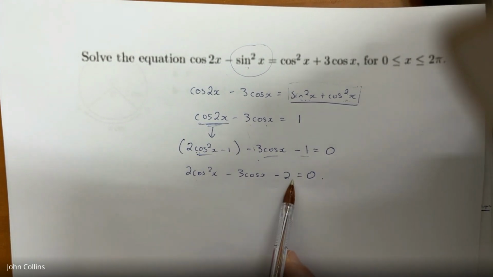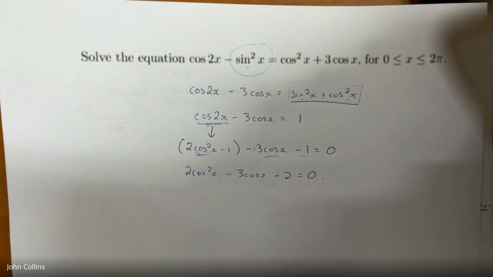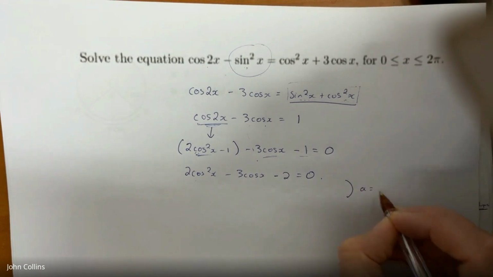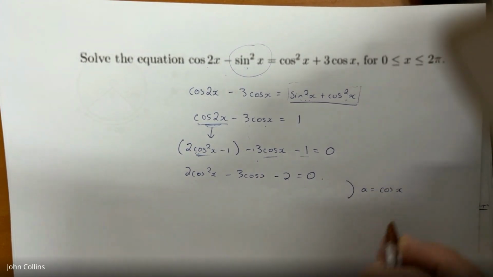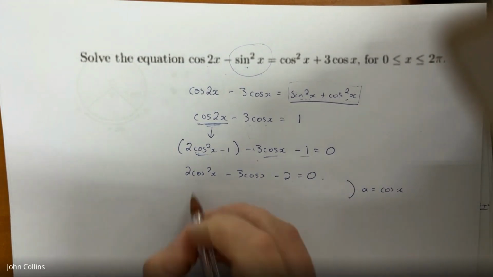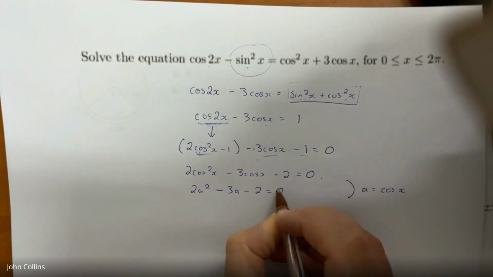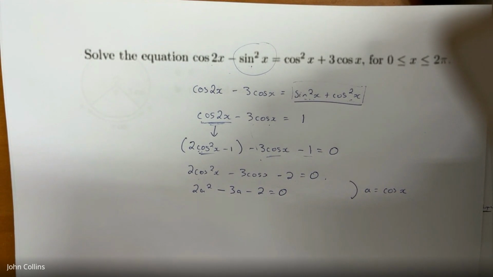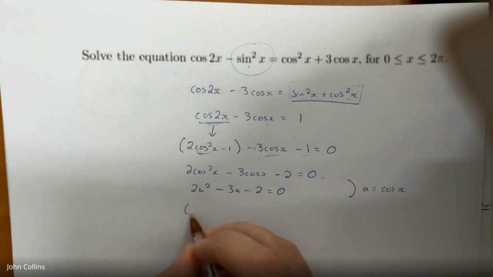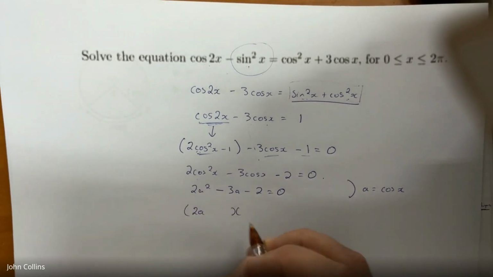I could solve this quadratic like this, or I could do something called a variable substitution. I'm going to say a is cosine x, just to make this easier to look at. It's the same thing. I'm more used to solving like this.